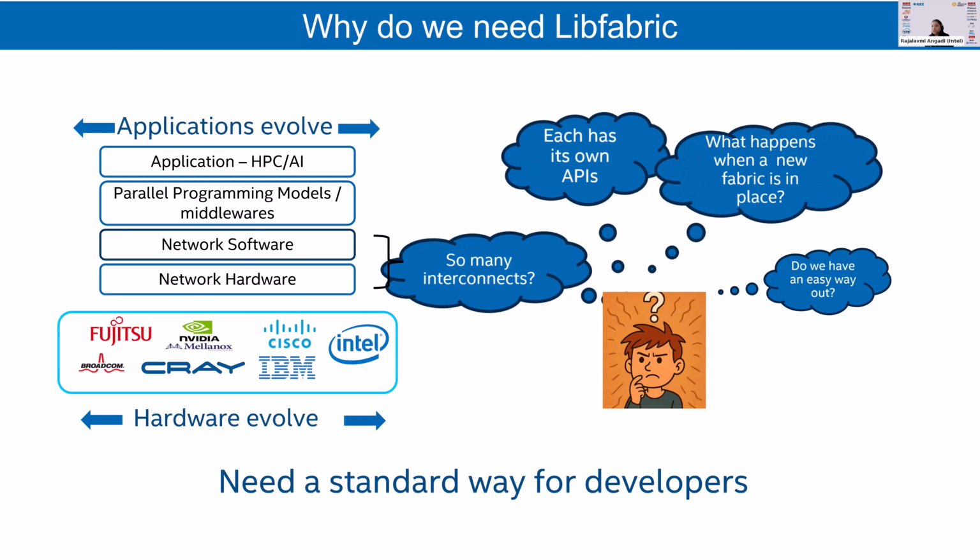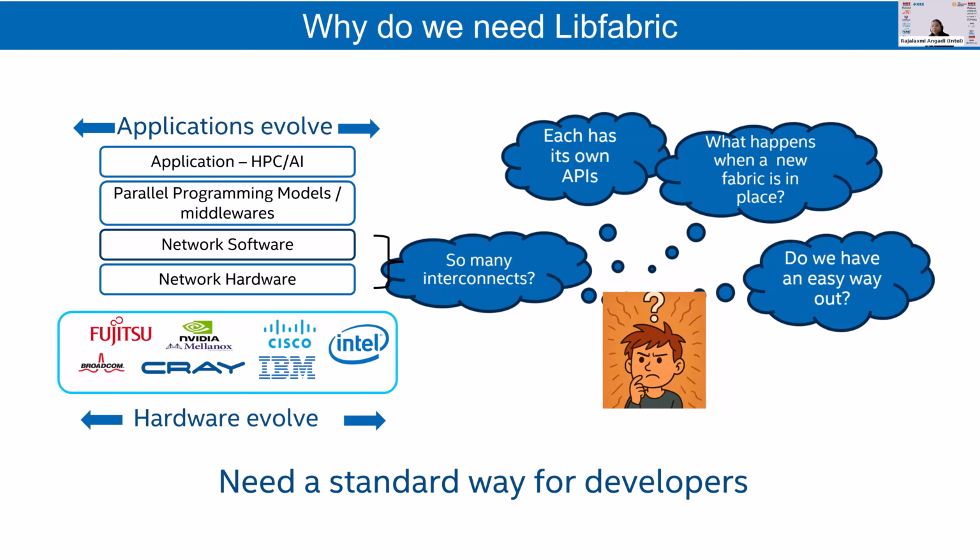And there are also questions on how do I adopt a new technology whenever a new fabric is introduced. Hardware developers want to differentiate the hardware with a variety of cool features that they bring in. But at the same time, the software developers or the application developers, they like uniformity. So is there a way out or is there an easy way out? This begs for a need to have a standard way for handling different fabric hardware.